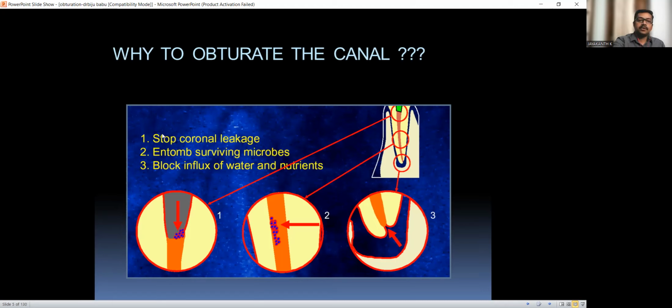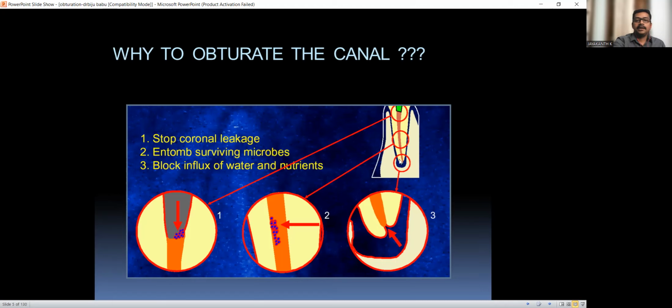First of all, to stop coronal leakage. After completion of your root canal treatment, there should not be any coronal leakage into the root canal space. The second one is to entomb surviving microbes. And the third one is to block influx of water and nutrients.